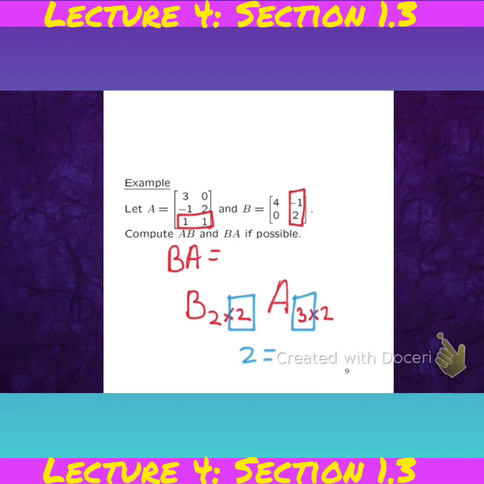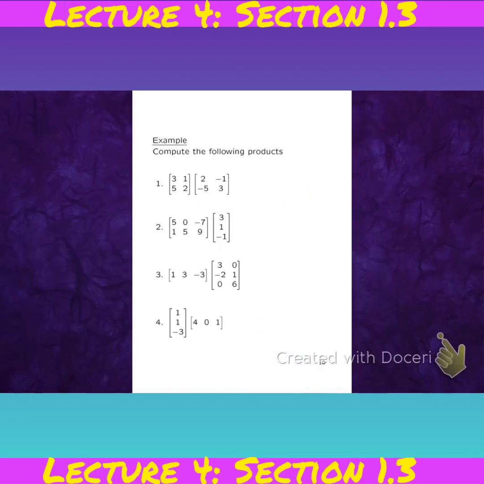And 2 is clearly not equal to 3. So B times A cannot be determined. All right, so B times A is certainly not possible.